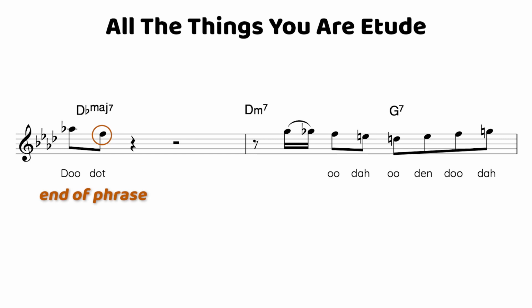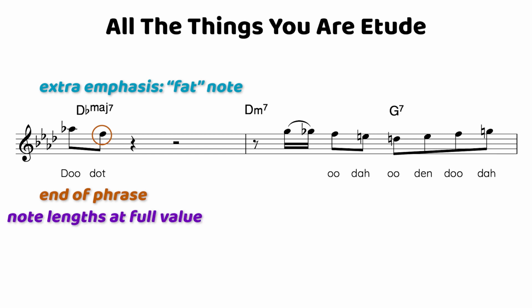Now it's important to note, even though it's a dot, you could easily say dot, dot, really, really quickly. What I like to emphasize is to make it fat, so a fat dot sounds slightly different than a dot. I always like to emphasize that, especially towards the end of a phrase, we like to play our note lengths for their full value. It just gives a slightly more dramatic effect.